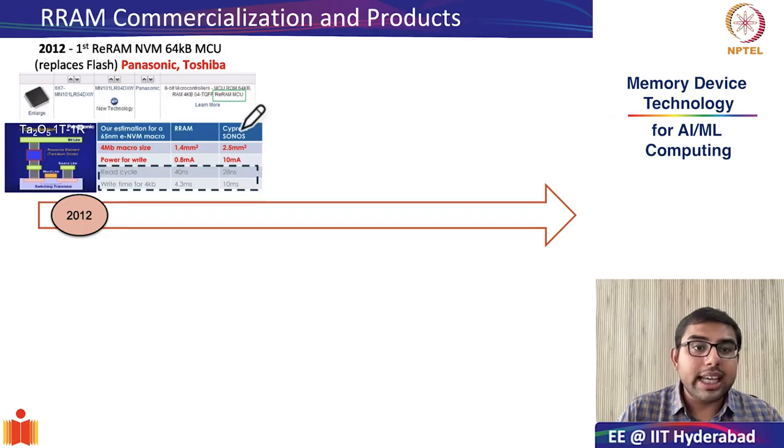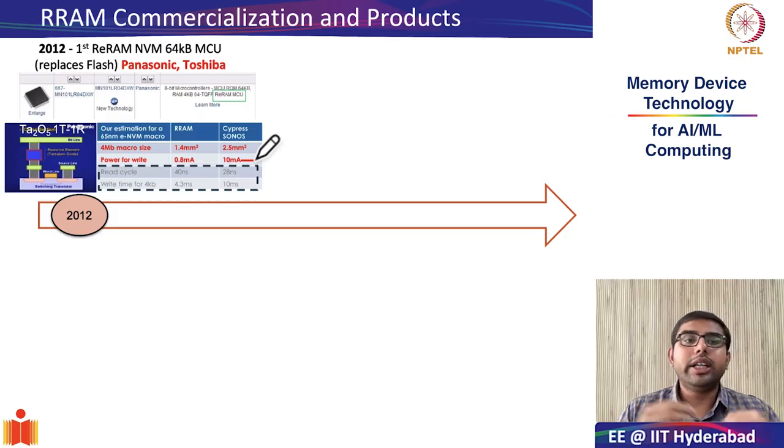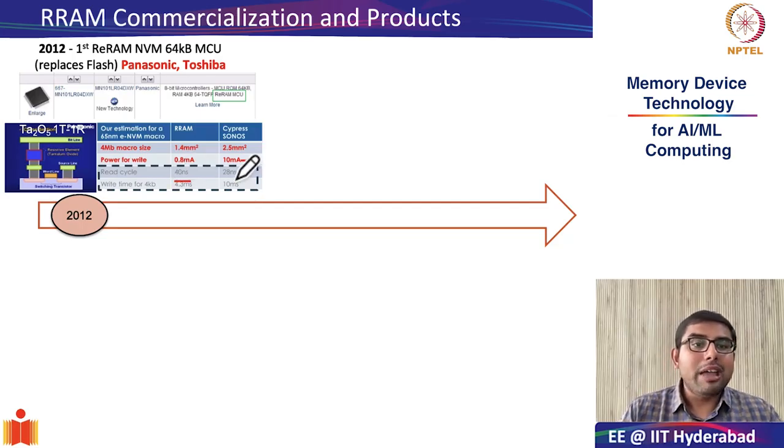As we can see in this particular table, the power for writing into the RRAM was significantly lower as compared to that of the NAND flash. This is because the operational voltage of RRAMs is also significantly lower. Also, we saw that there is an improvement in both read and write latencies.